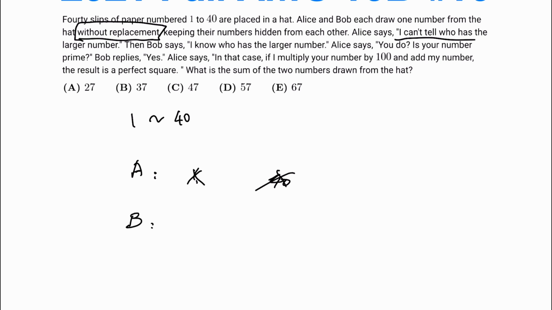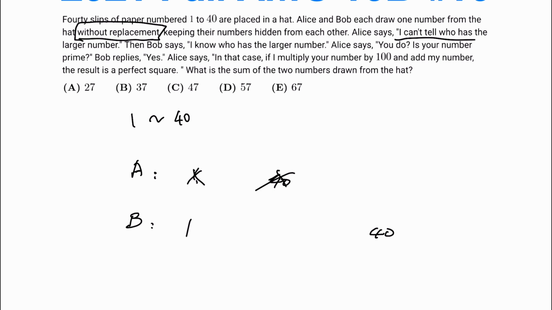And Bob knows that. So he says, I know who has the larger number. Well, if he knows he has a larger number, it's either his number is really small, let's say 1, then he would know Alice has a larger number. Well, Alice wouldn't know. If he has a number that is very big, then the same thing happens.